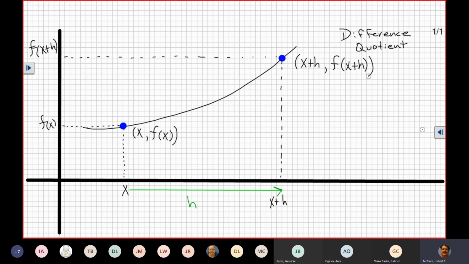Now raise your hands if you understand what I just did. I just assigned 2 coordinates to those 2 points.